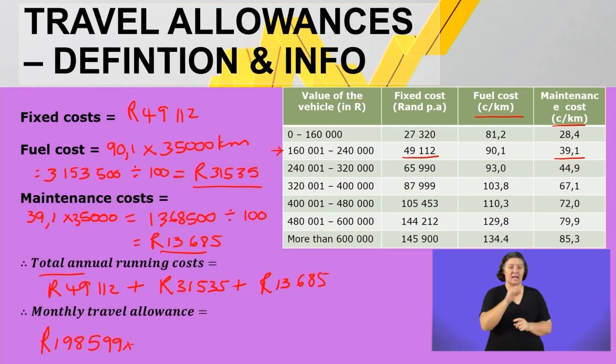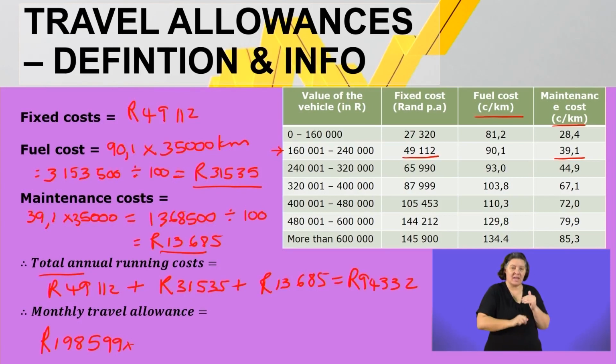Sorry, I made a mistake. It's 49,112 plus 31,535 plus your 13,685. So that will give us all in all a total running cost of 94,332. Remember, this is per year.